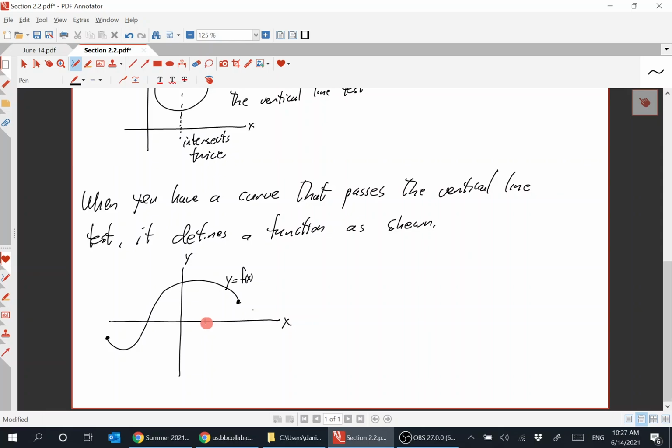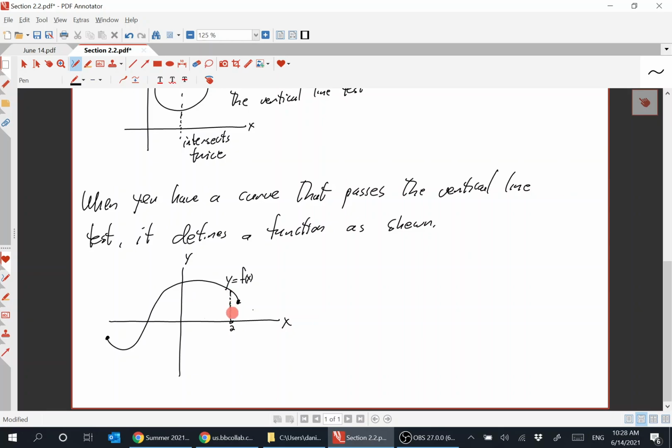And what this means is, if you take an x value, we'll say this is x equal to 1. Actually, let me not use that point. It's going to be sloppy looking. Let's use this point. We'll say x equal to 2 right there.